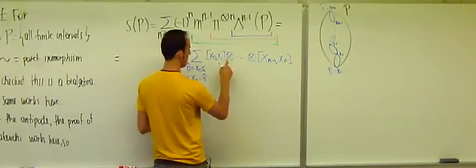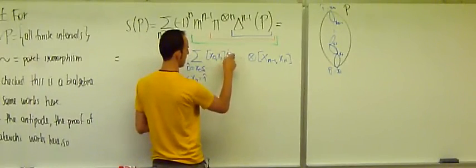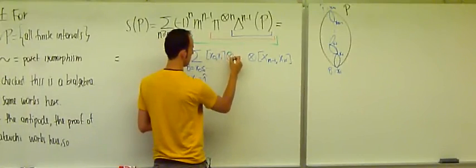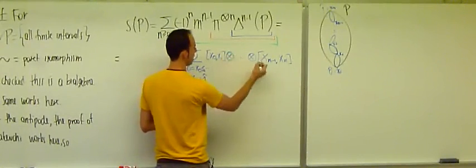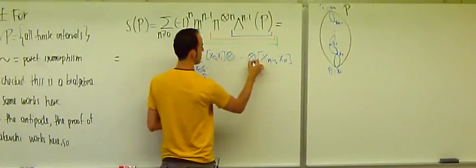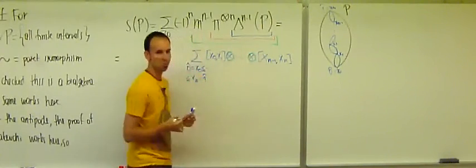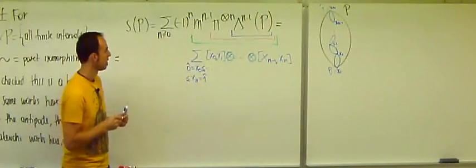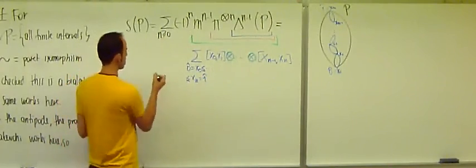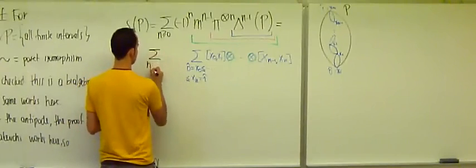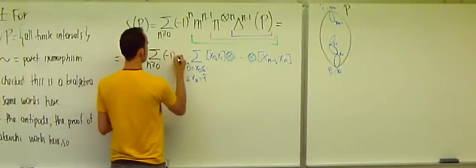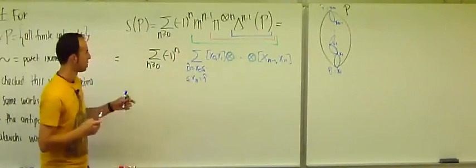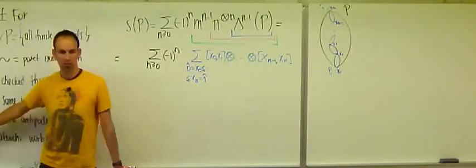What the green stuff does is get rid of the little circles around the tensor and turn the tensor product into a direct product. Everything else is the same, and so what we get here is exactly the formula that I wrote down.